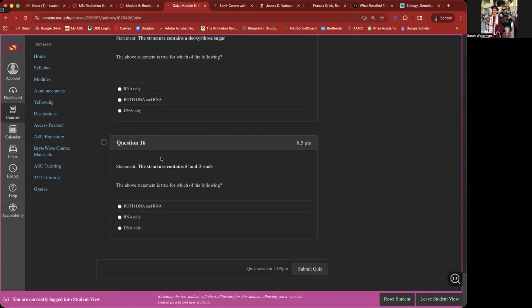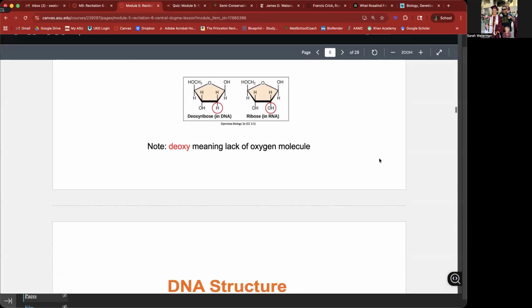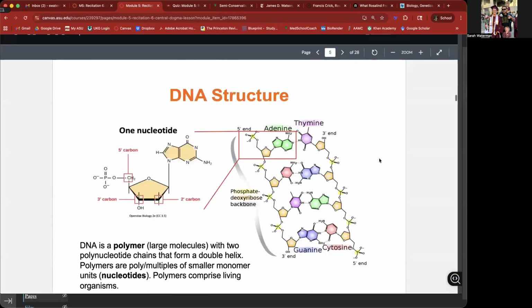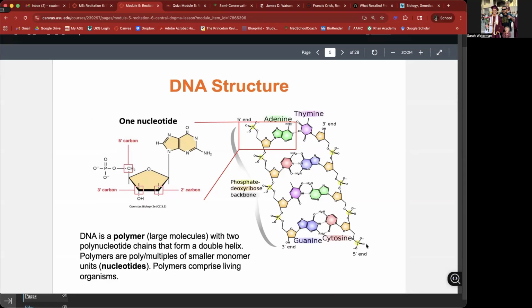And last but not least, the structure contains 5' and 3' ends. So during replication, we see there is a 5' and 3' end here on our DNA structure. And really what all this is saying is that with 3' and 5' end, all we're doing is identifying where the phosphate is.